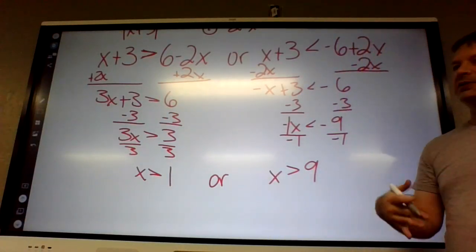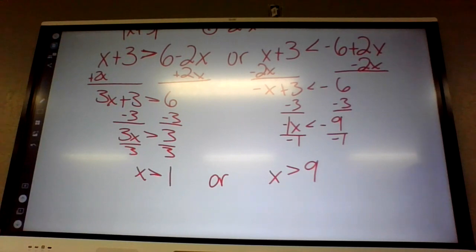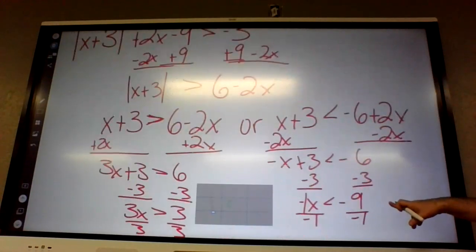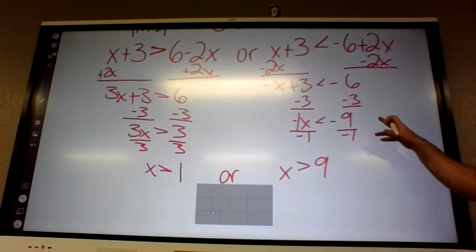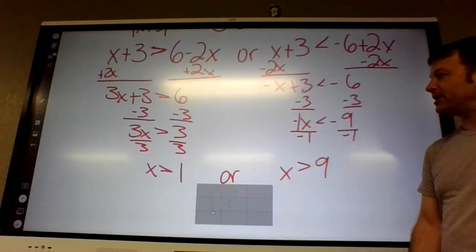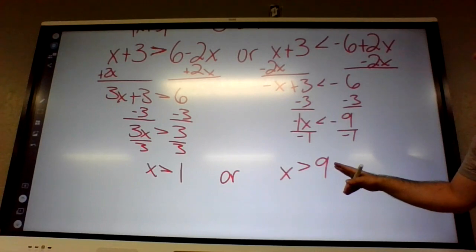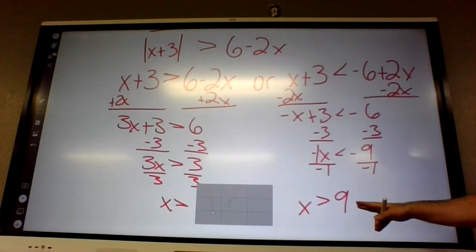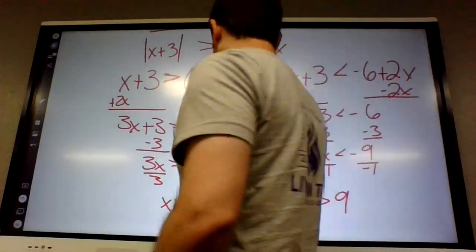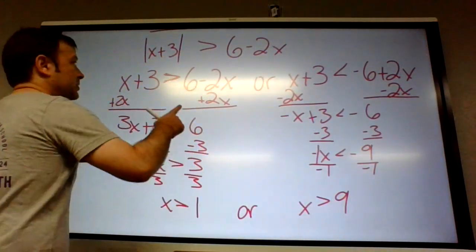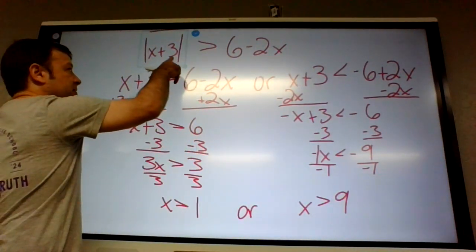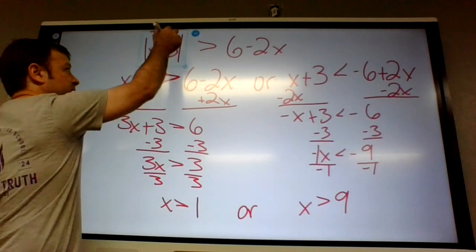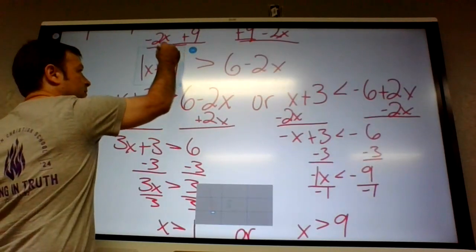When you have x's outside the absolute value, like this problem, sometimes your answers don't work, so we need to plug it in and see if it actually works. You can treat it kind of like an equation though. If I plug in 1 up here, 1 plus 3 is 4, absolute value of 4 is 4.